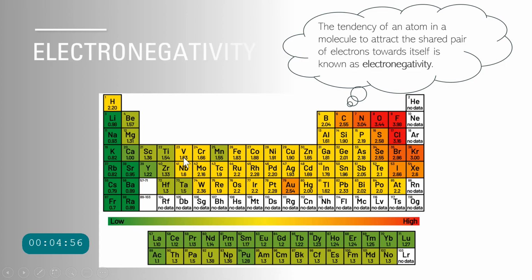So moving on to the electronegativity chart, you'll see that it goes from low to high, going from left to right. The electronegativity will always increase in this direction from left to right, and as you go down the chart, it will get less electronegative.